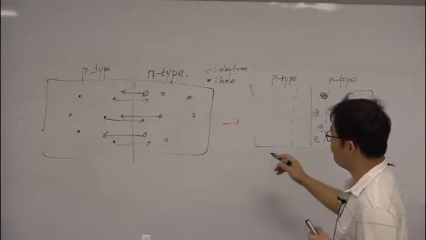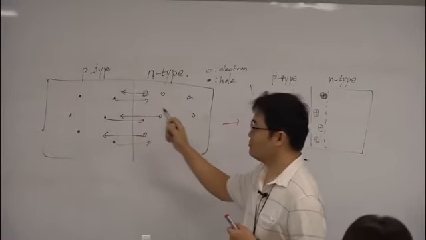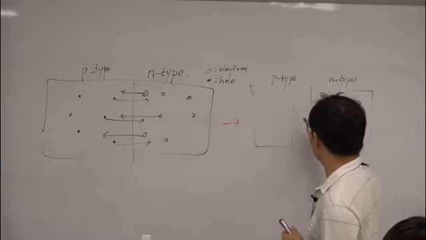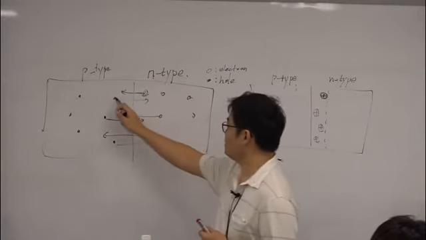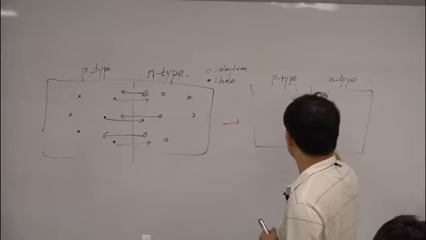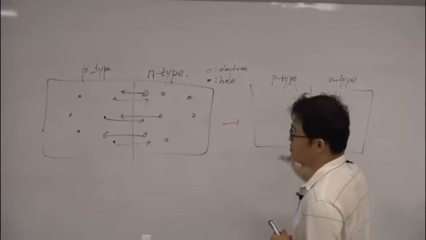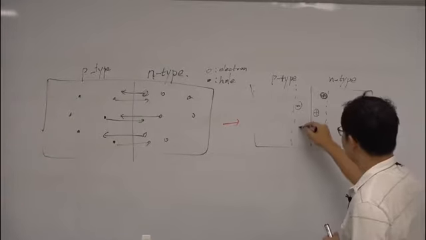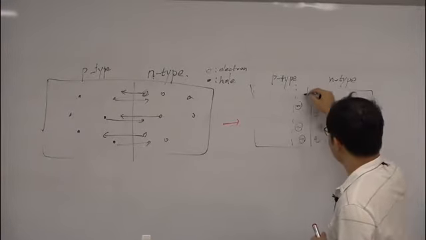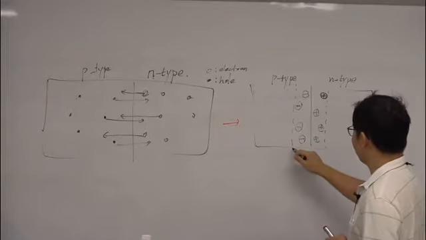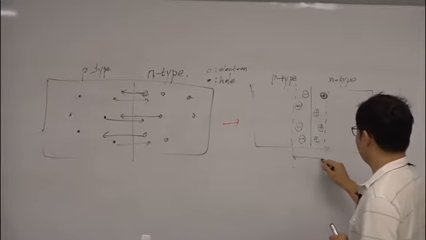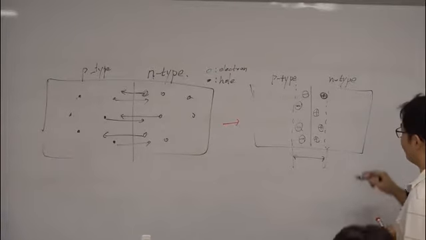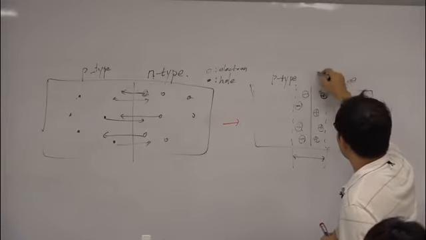In the same way, since hole is moved from here to there, in this region, negative charge will be placed. And so this minus and plus is a space charge, called space charge.